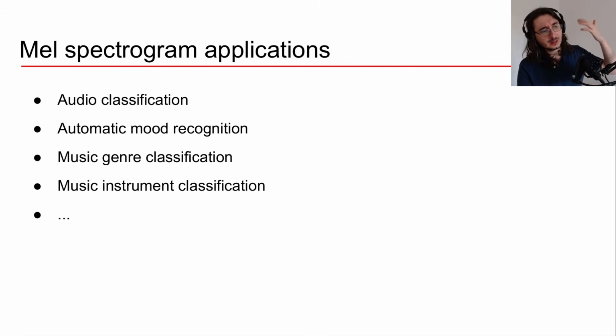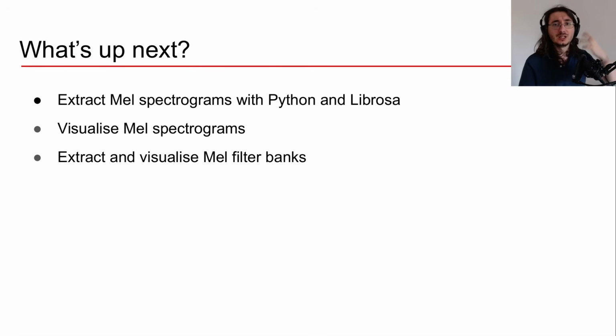Okay, but this time we only focused on the theory of Mel spectrograms, and I hope that by now you have a clear understanding of what Mels are, the Mel representation, and why Mel spectrograms are different from spectrograms, and why they are very convenient to use in a lot of applications where we're talking about audio and music. So next time we'll be moving to some implementation.